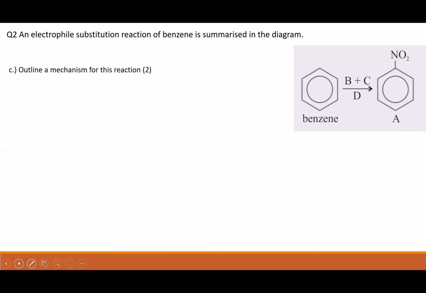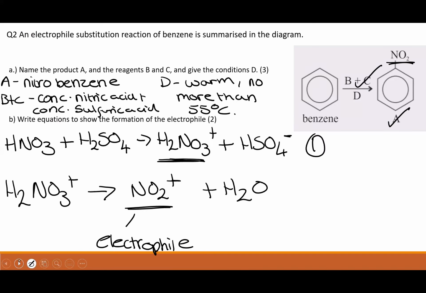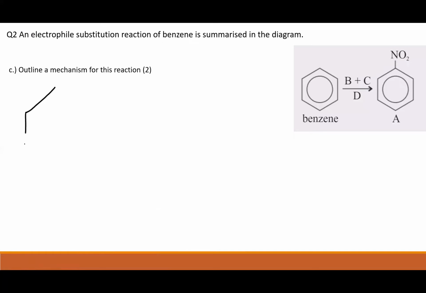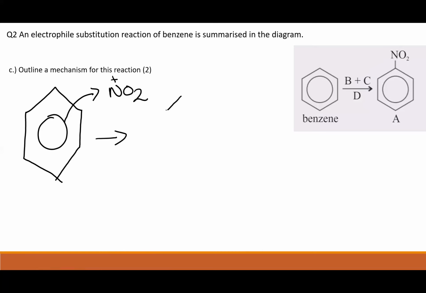And then finally, you're asked to outline a mechanism for this reaction, using the electrophile you've just identified. So let's draw that benzene ring on straight away. Electrons from the benzene ring are attracted to our electrophile. When that happens, we get the breakage of the benzene ring, and a hydrogen ion forms.